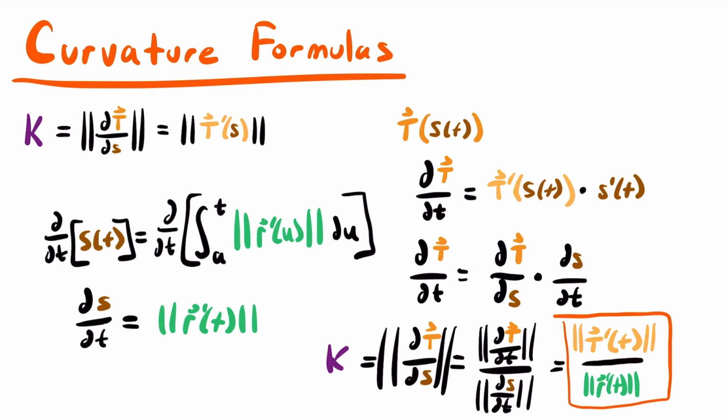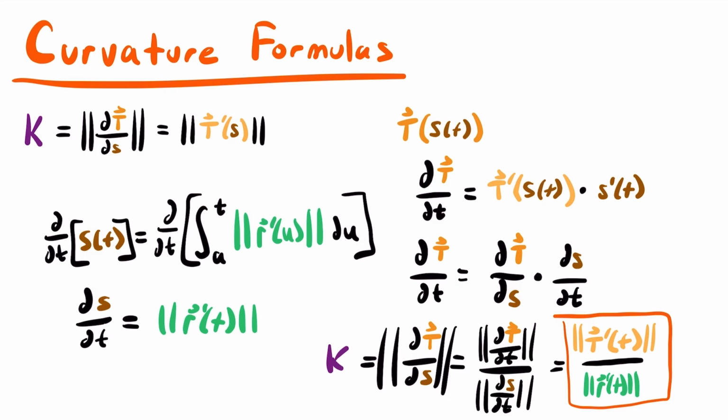However, as a result of this formula, there is actually another way to calculate curvature in terms of t, and this formula is particularly helpful when working with polynomial expressions in your vector functions. So when your vector function has components that involve terms like t squared or t cubed, nothing like a trig function or exponential function, just simple algebraic expressions, there is another formula that is helpful.